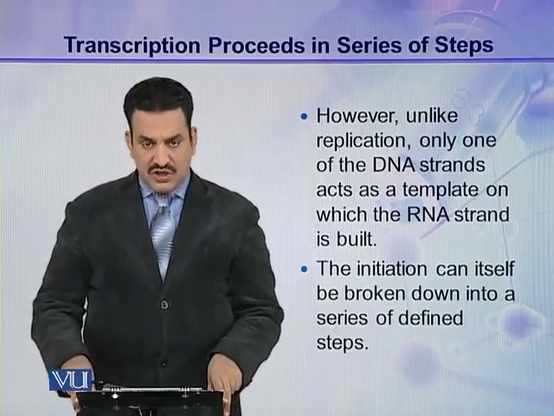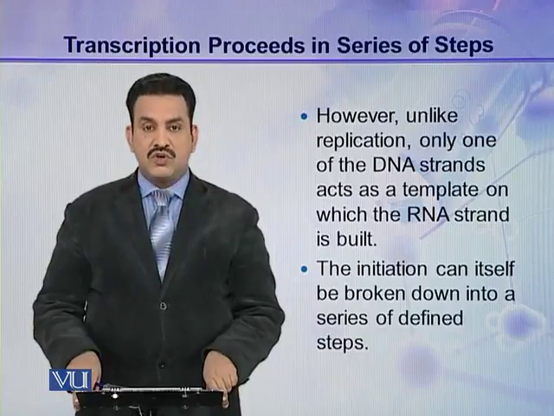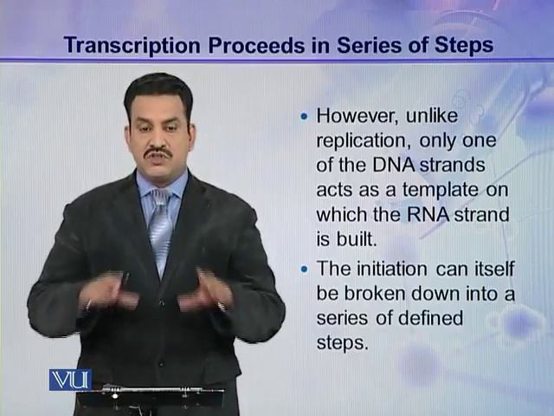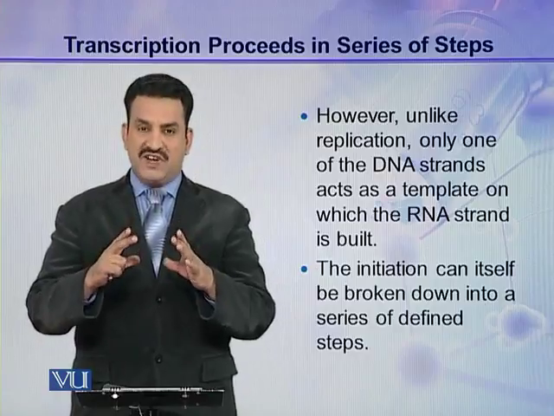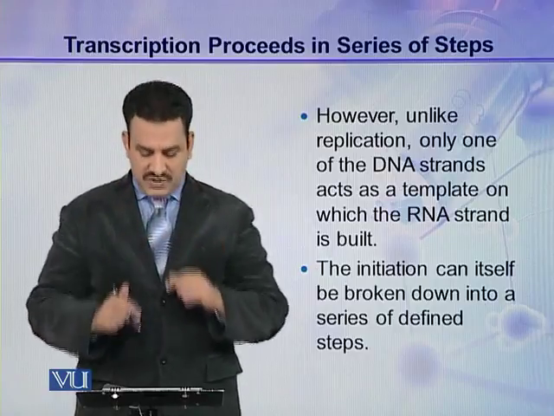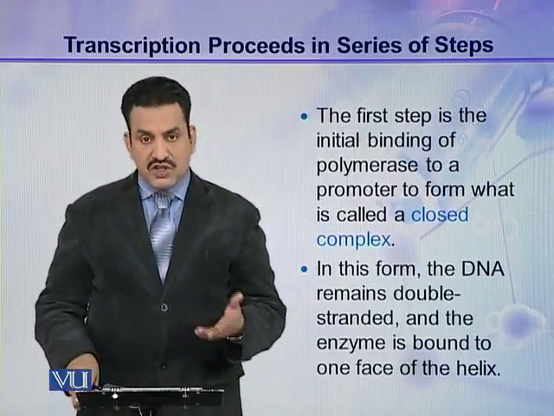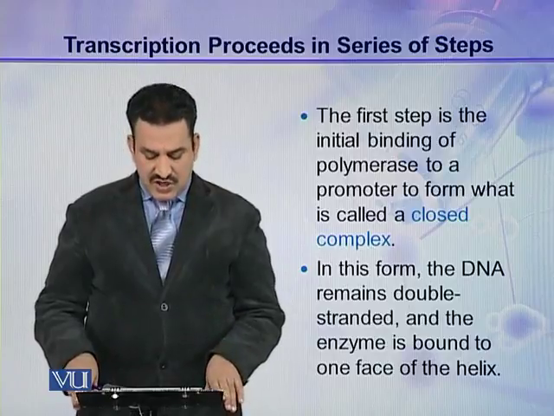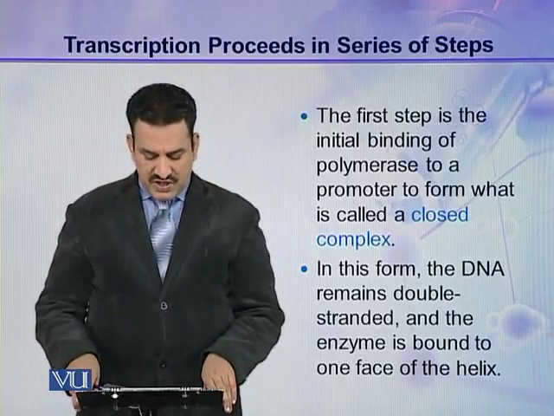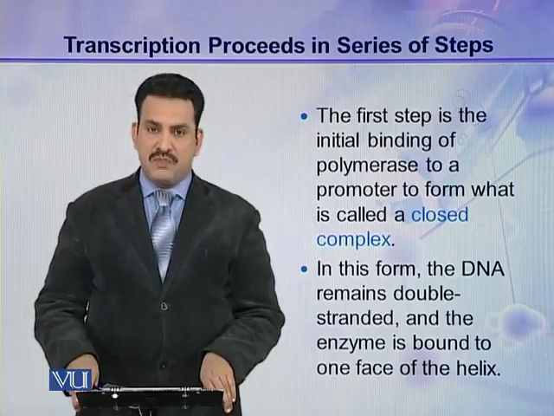The initiation can itself be broken down into a series of defined steps. This initiation phase is further divided into different steps. So the first step in the initiation is the initial binding of polymerase to a promoter to form what is called a closed complex.